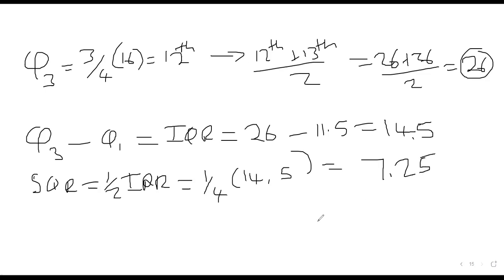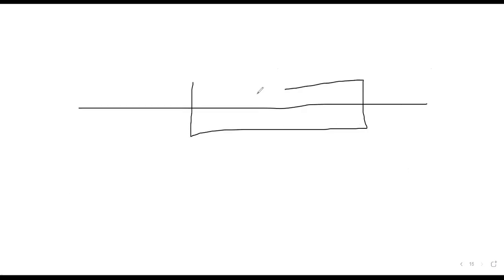Now, who remembers how do we draw the box whisker plot? There are 5 key parameters. There are 5 key things that are needed on the box-whisker plot. Number 1, the lowest value of x, and the maximum value of x.